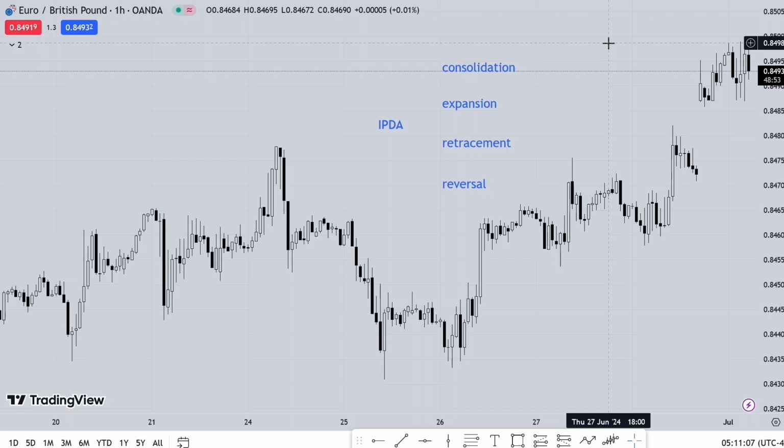From the beginning of this mentorship, there's one particular aspect that we've always been reiterating, which is the draw on liquidity, which is understanding where price is likely to go next.